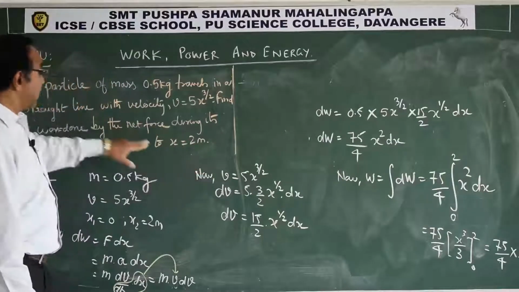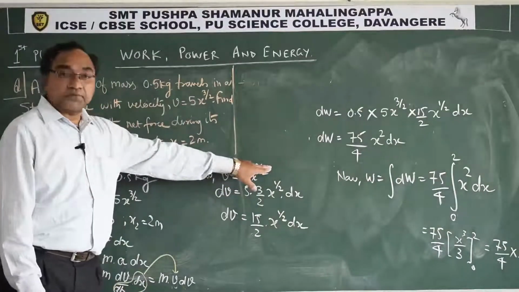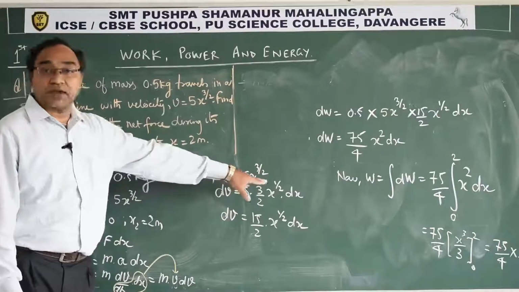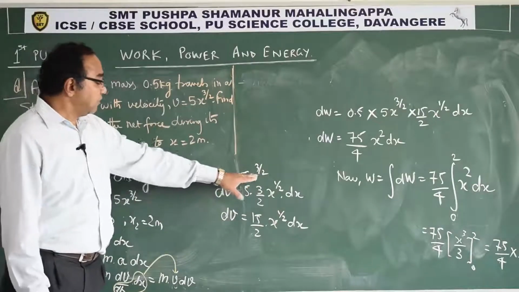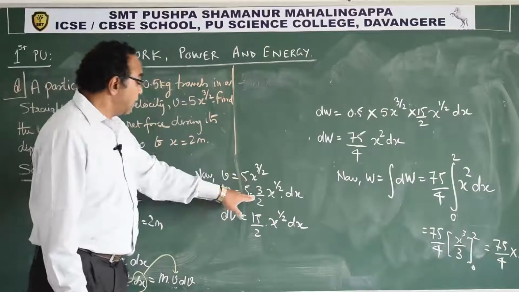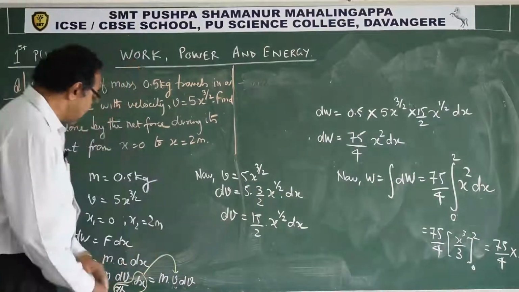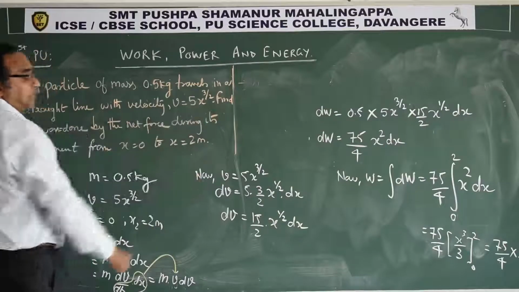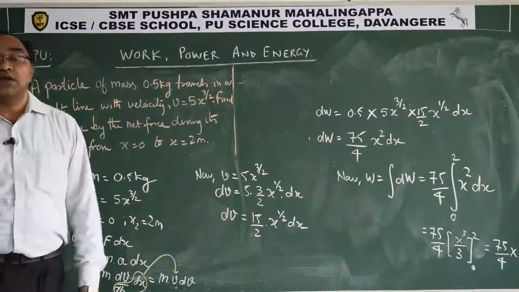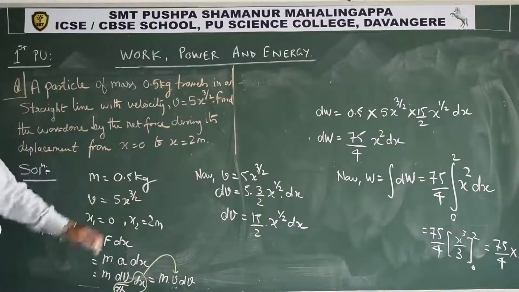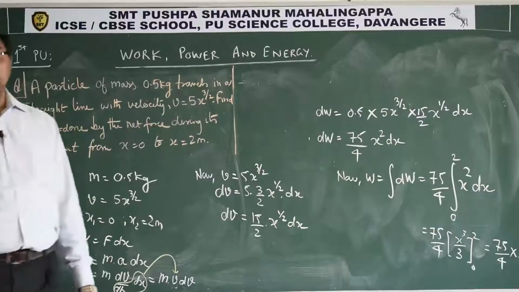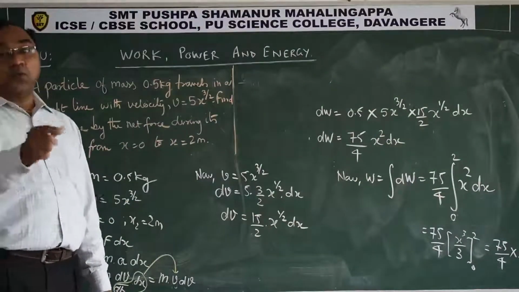Now it is given v is equal to 5 x power 3 by 2. So therefore, differentiate both sides. dv is equal to 5, this is x power n, x power n minus 1, we get this dx. So we got dv. Substitute now. That is exactly the method we will be using to solve such questions pertaining to variable force and to find work done.